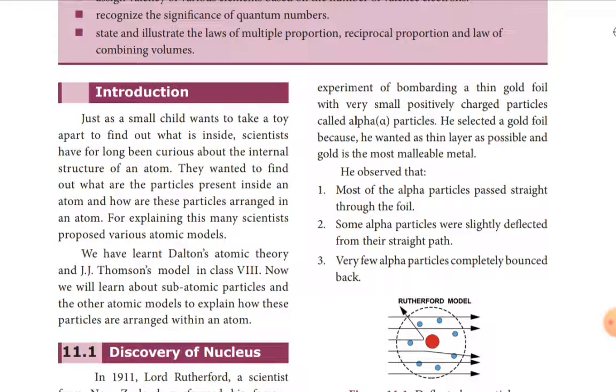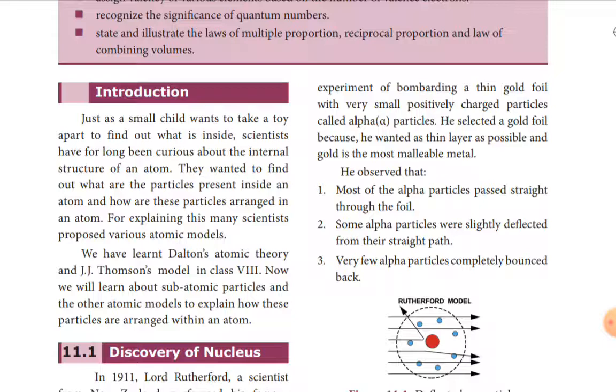Malleable means that it can be converted into a very thin sheet. See, metals are ductile and malleable, as you have learned in the properties of metals and non-metals. Metals can be converted into thin sheets without breaking.